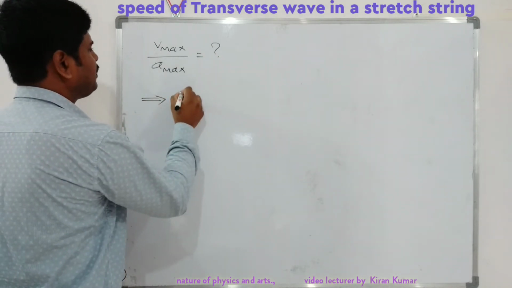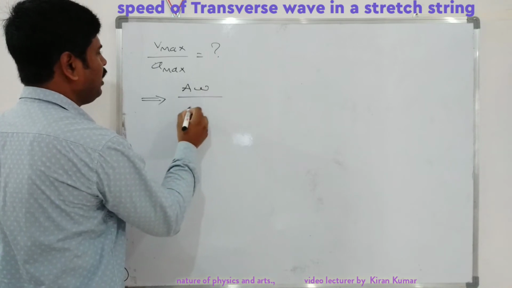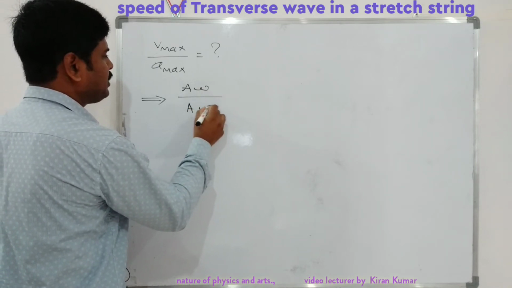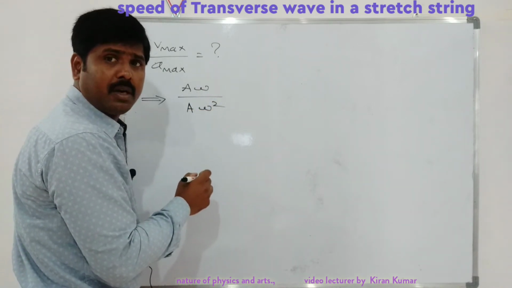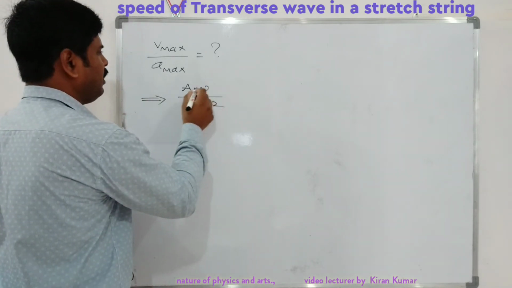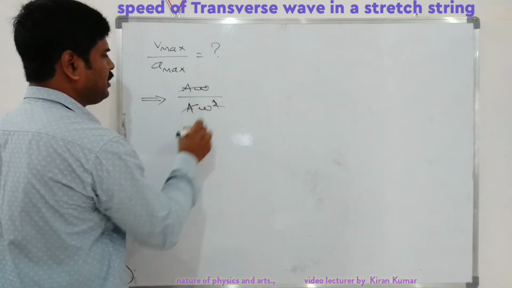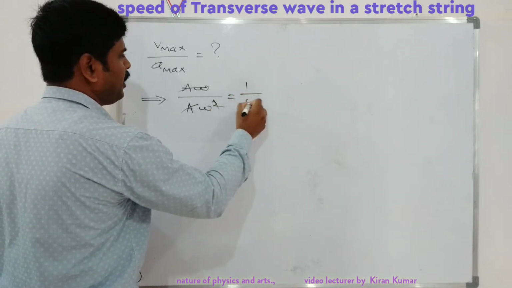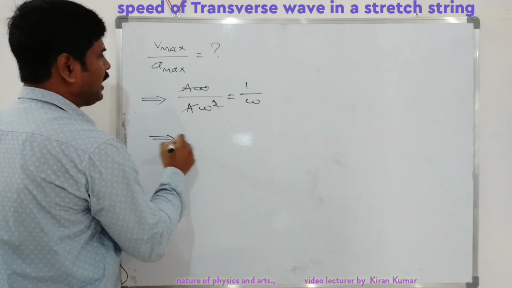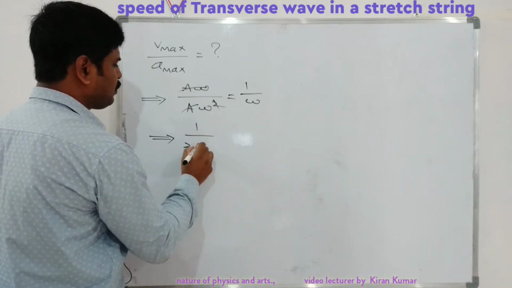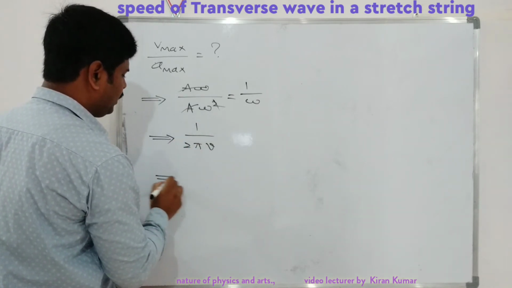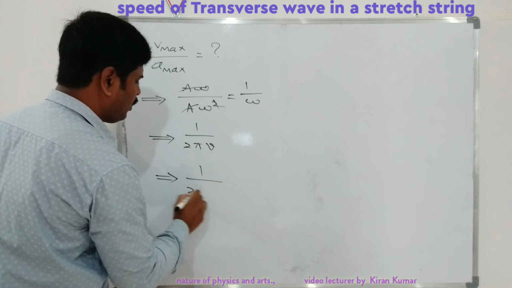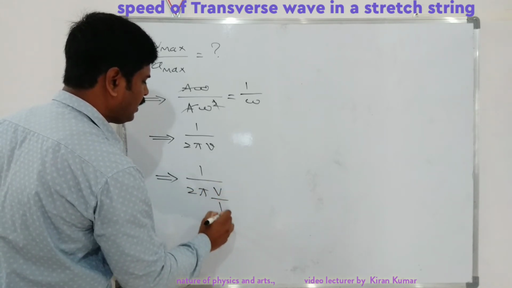Now, maximum velocity is A omega, maximum acceleration is A omega square. Magnitude asked. Then A omega gets cancelled, then 1 divided by omega. So we can write omega value is 2 pi into nu, and here 1 by 2 pi nu is equal to v by lambda.